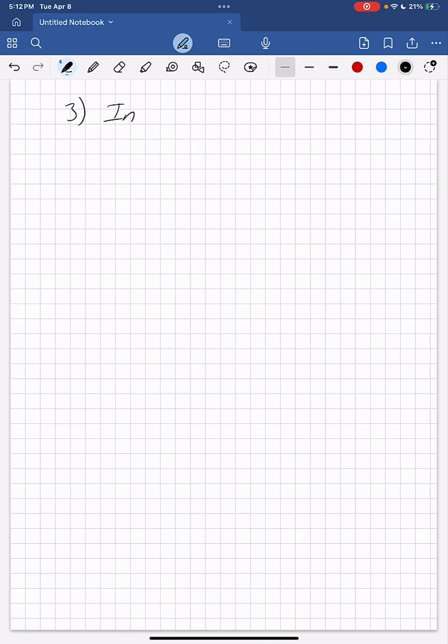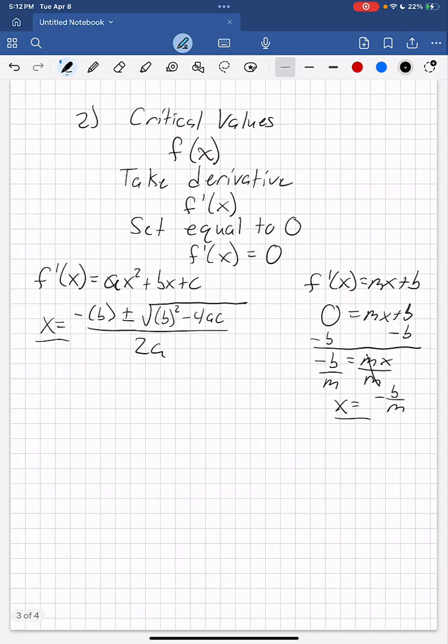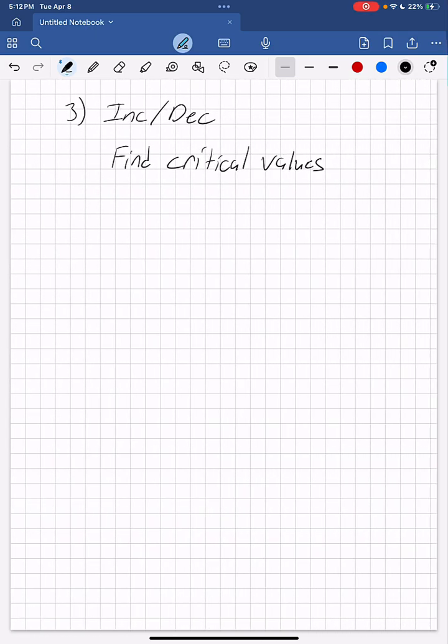Then we need to talk about increasing and decreasing. So finding critical values would be step 1, again by whatever means. Follow the same method that we just used to find the critical values. But then what you're going to do is set up your table with your critical values. Say our critical values are, let's go with -2 and 0.